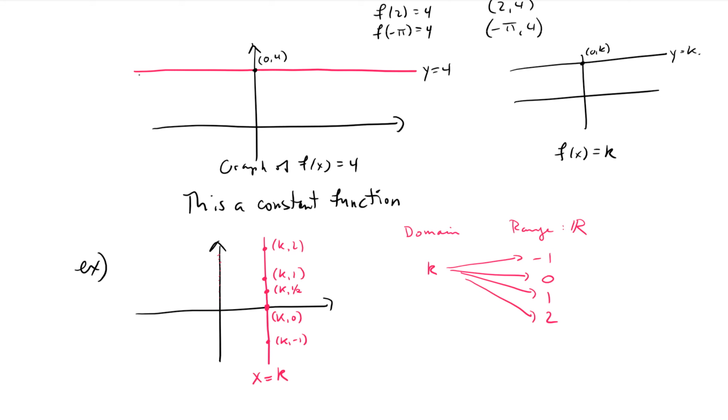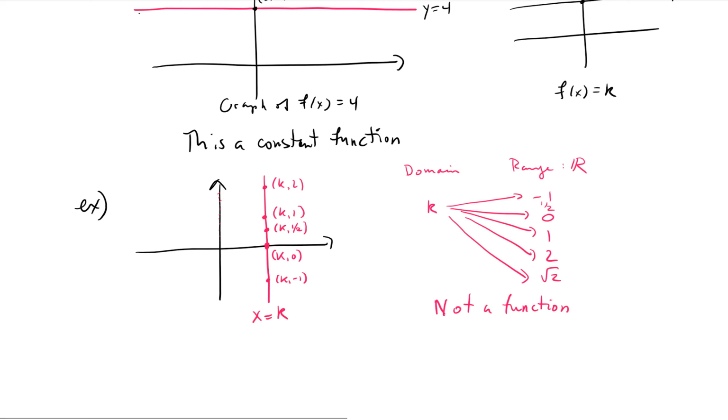Notice all the numbers are there. I've started writing down integer values for y, but you also have some non-integer values, some fractional or irrational numbers. So this is not a function, right? You can see that arrows leave from k to reach many points. So this is not a function. So essentially, vertical lines are not the graphs of functions.